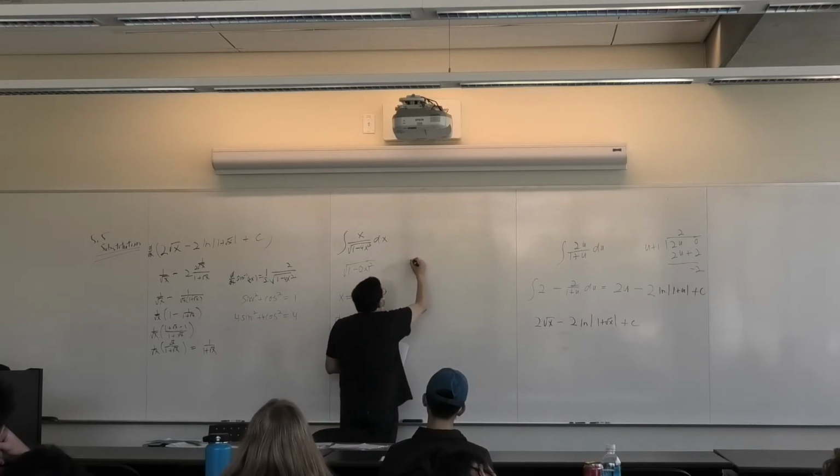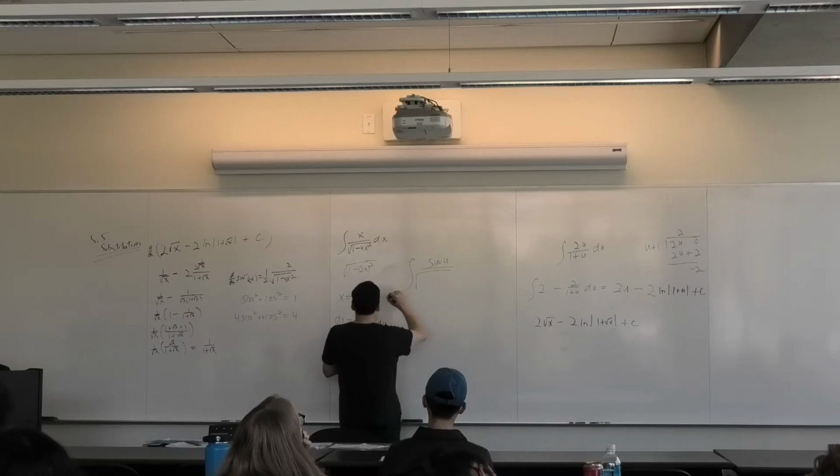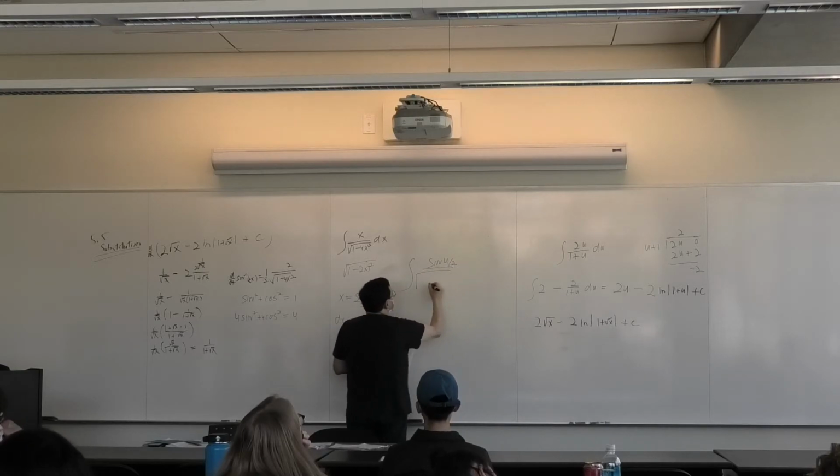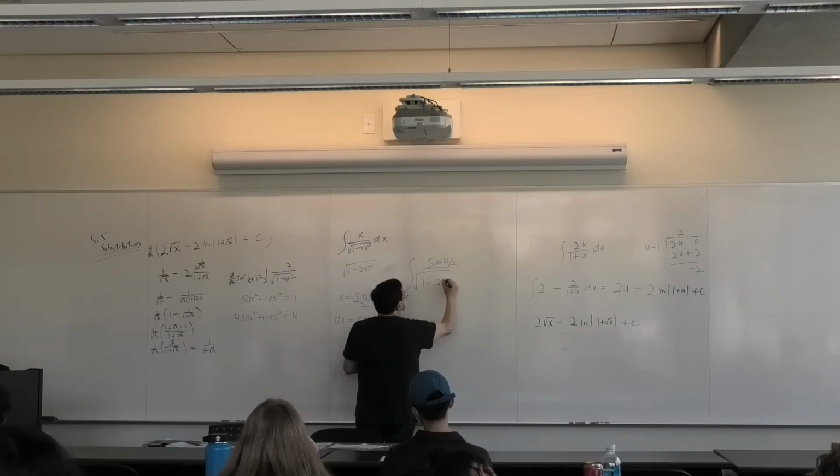Okay, this becomes sine of u over 2. This becomes 1 minus 2 sine of u over 2, squared.